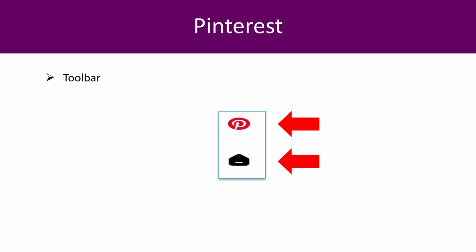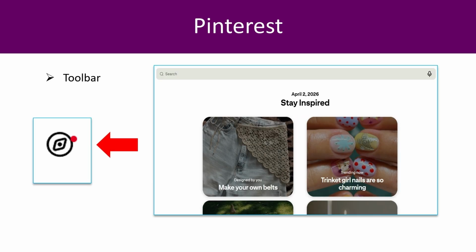Now, over on the left inside Pinterest, there is a toolbar, and we're going to talk about the toolbar, what it is, and how to use it. The top button, which was a giant P, will take you to the home page, and so does the second button. They really both do the same thing. But the third button, this is the Explore button.